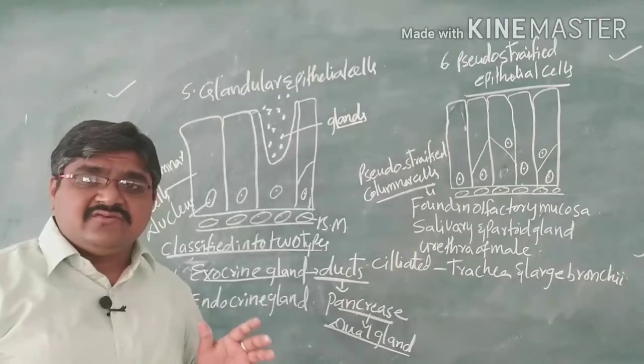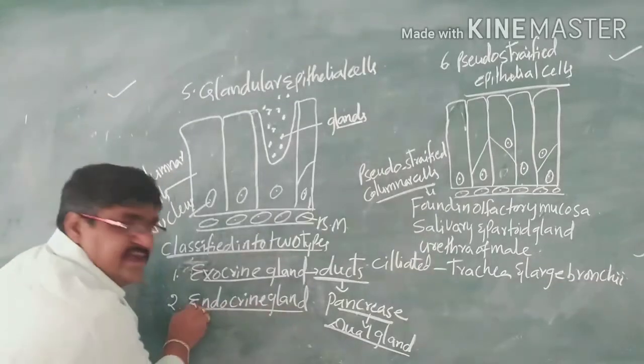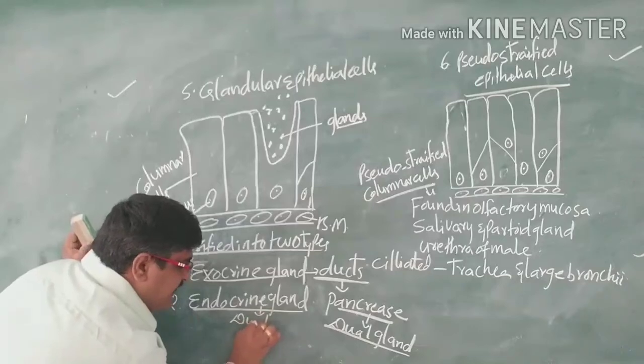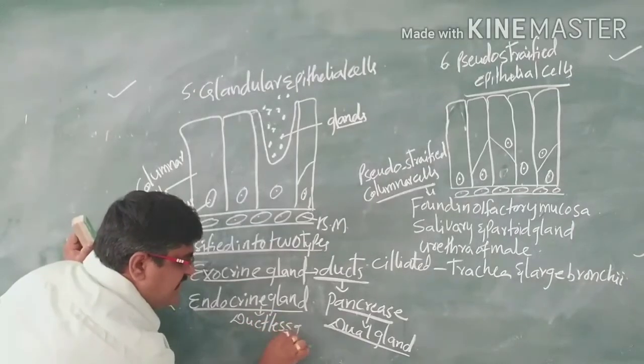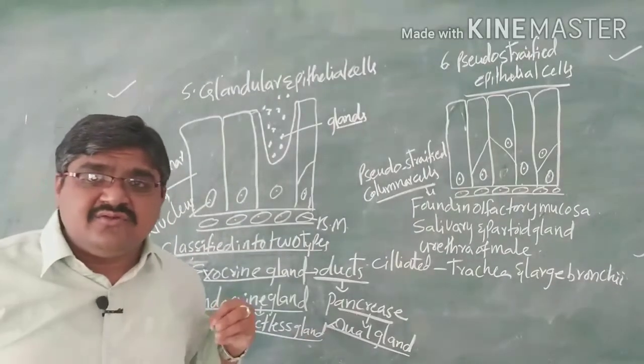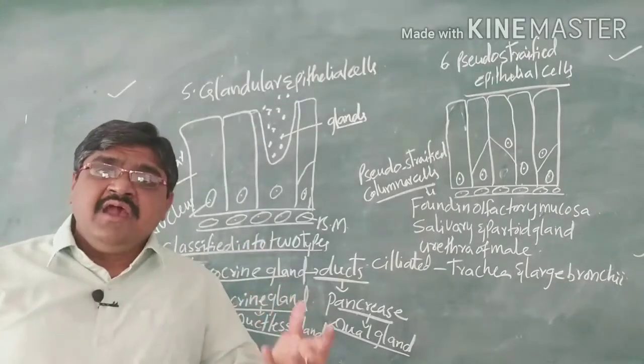Endocrine glands we can call the ductless glands. Why? Because ducts are not present, that means tubes are not present, and their secretion passes directly through the blood. Through the blood they stimulate the different parts of the body.